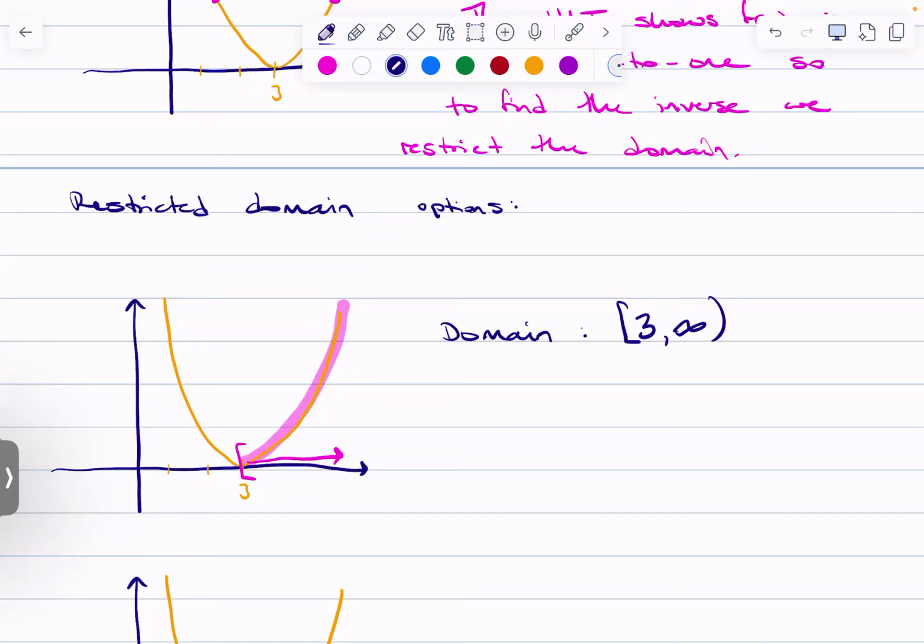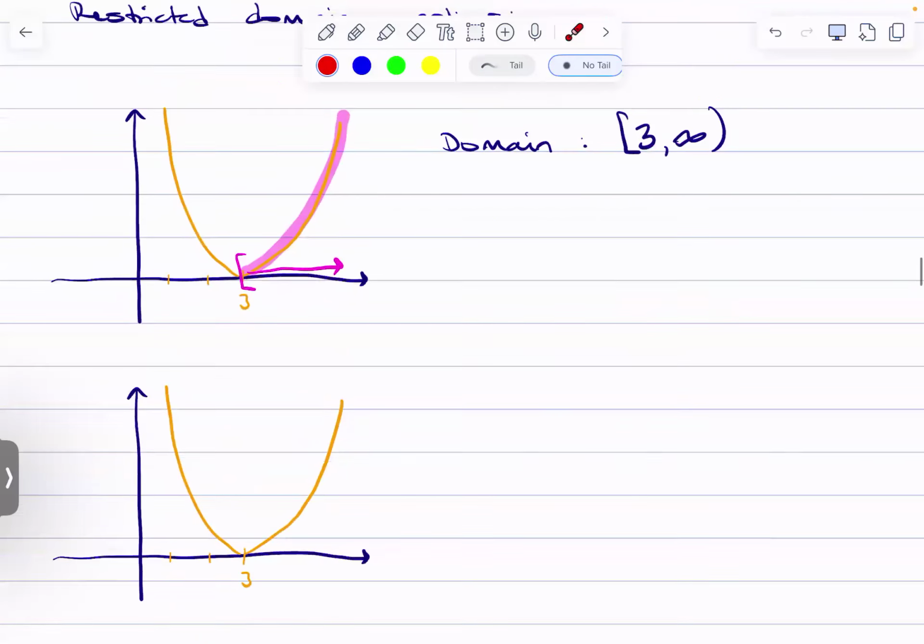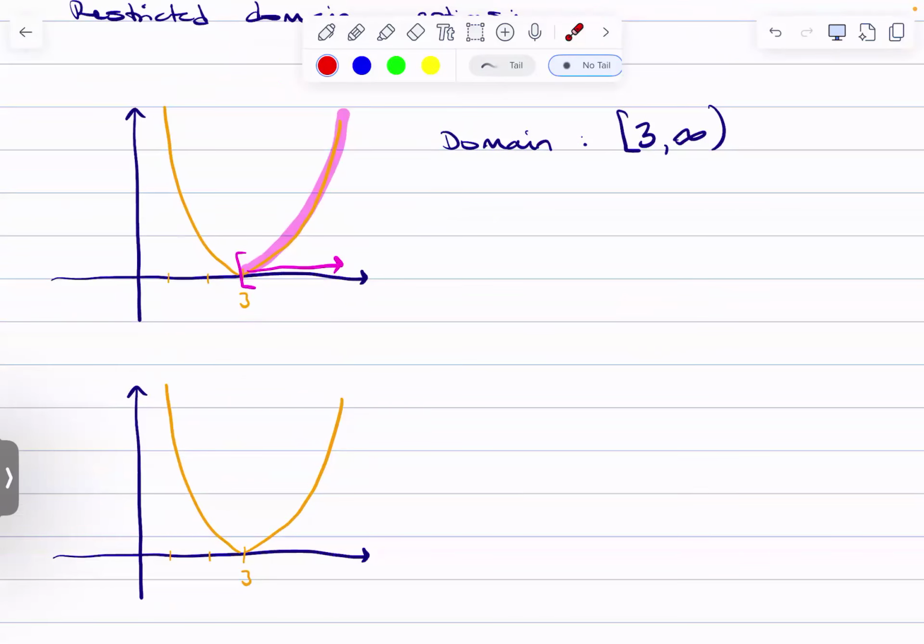That's a restricted domain. Now, if I only look at the highlighted section, then it is one-to-one, right? All those horizontal lines work, if you ignore the non-highlighted part. So then, of course, what's the other option? The other option would be the other arm.